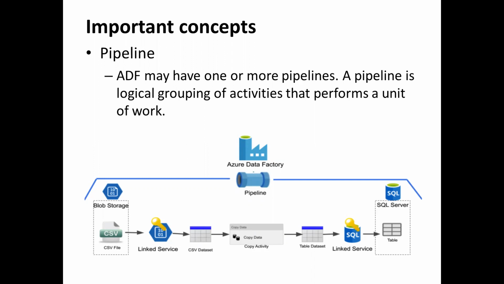In this example diagram, you can see the data coming from blob store and linked service, there is a data set and there is a copy activity. The data is moving from point A to point B, which is our SQL server. This entire journey, the entire unit of work, is called a pipeline. Is it clear what a pipeline is?